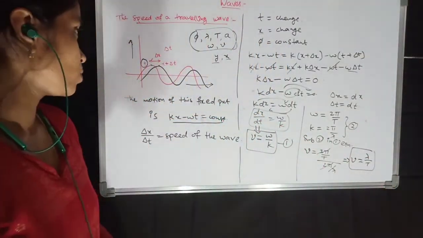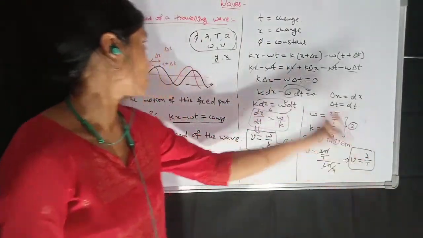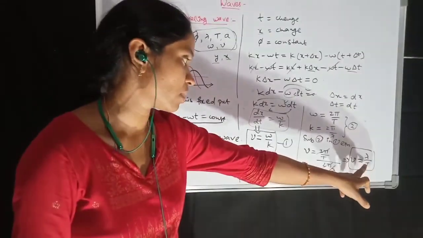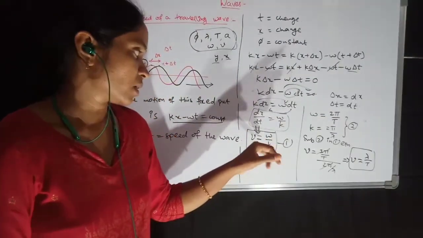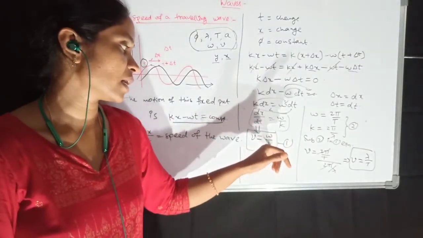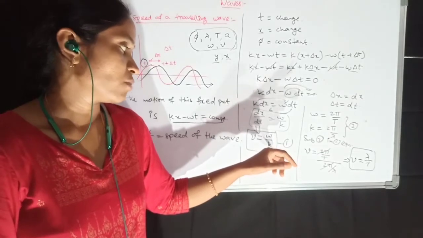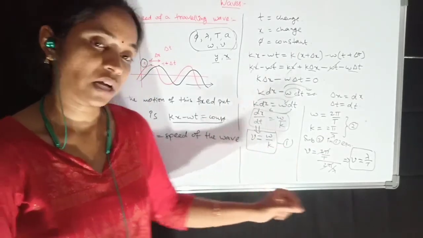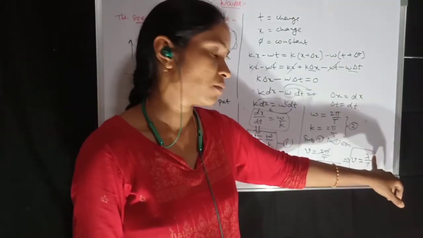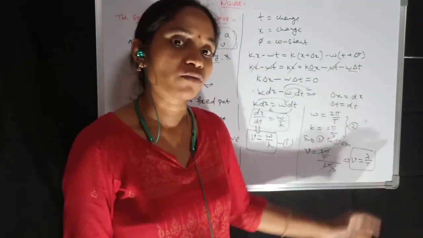So this is the speed of a traveling wave. The relation between the speed of a traveling wave and the angular frequency and wave number is this equation, and the relation between the speed and the time period and wavelength is this equation.